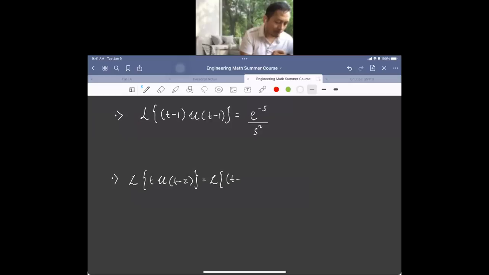So t minus 2 times Heaviside t minus 2, and we need to add a plus 2 to make sure that it's going to be the same. So we make sure that when we multiply this, it is getting the same structure as this.